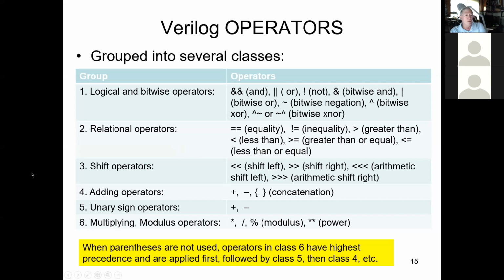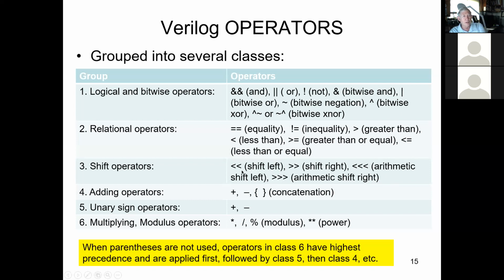Relational operators have to do with comparing the value. Shift operators, we have a bunch of those. And notice we have this thing with 3 carets. That's an arithmetic shift.